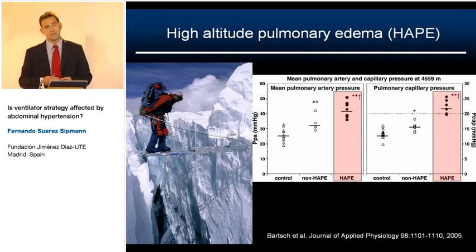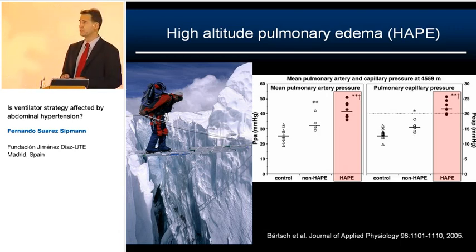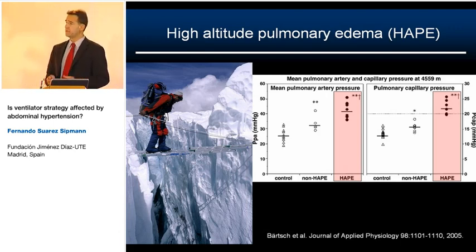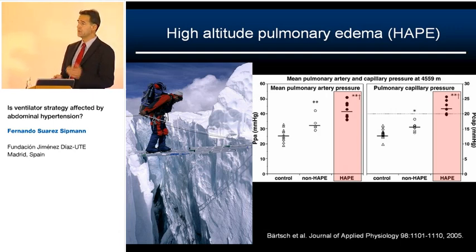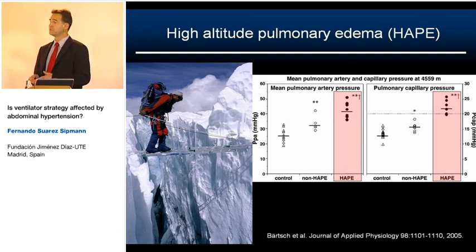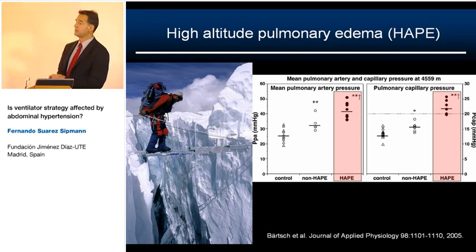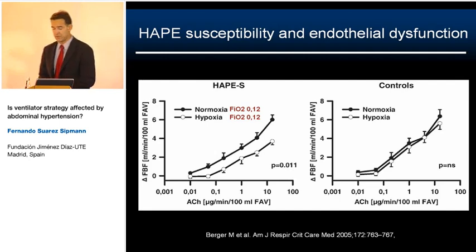This results in an overperfusion and an overpressure in those areas that have not been submitted to vascular contraction. And this is a study done on healthy volunteers at high altitude where all these parameters were measured. Patients susceptible to develop high altitude pulmonary edema showed a significant increase in mean pulmonary arterial pressure and a significant increase in pulmonary capillary pressure.